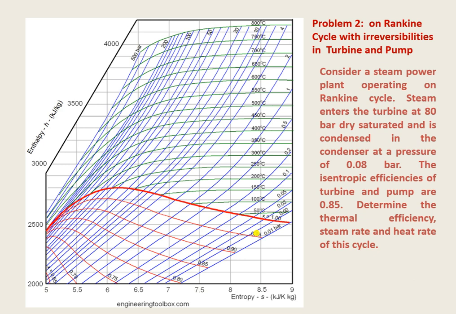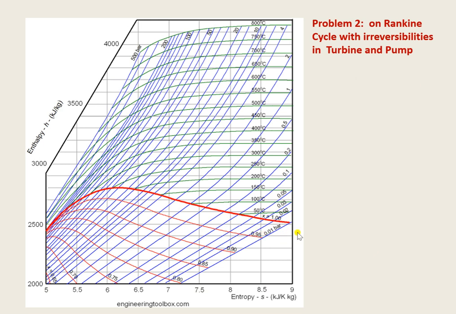Now here again, to find out enthalpy at state 1 and state 2, you need to use the Mollier chart. State 1 here is 80 bar dry saturated. This is the dry saturated line. P1 is 80 bar, condition is dry saturated. P2 is 0.08 bar.